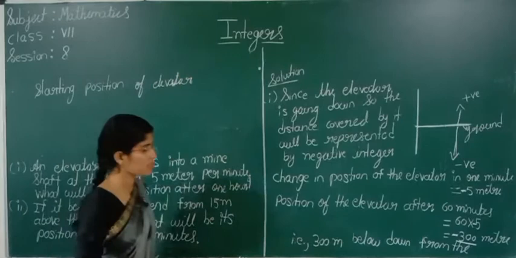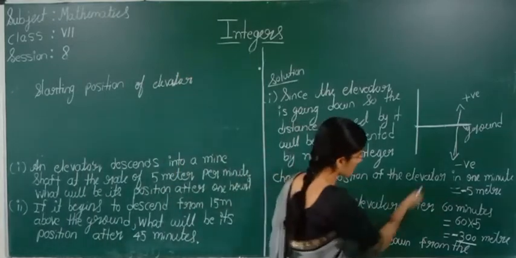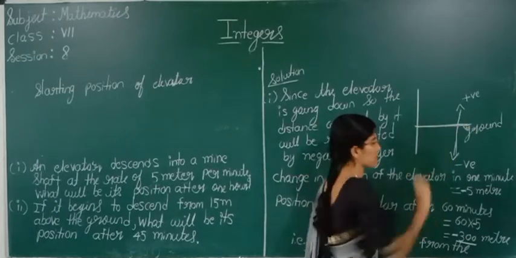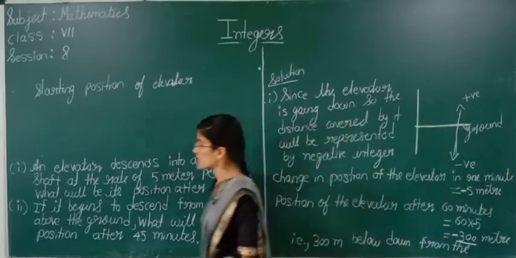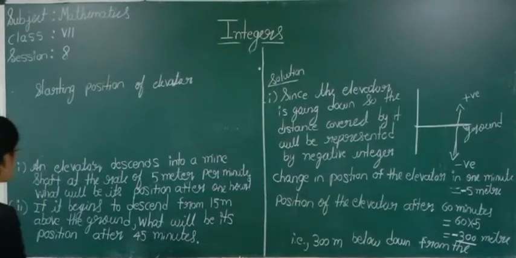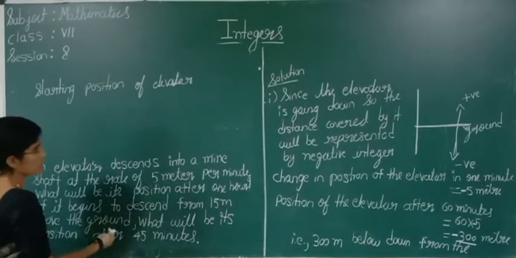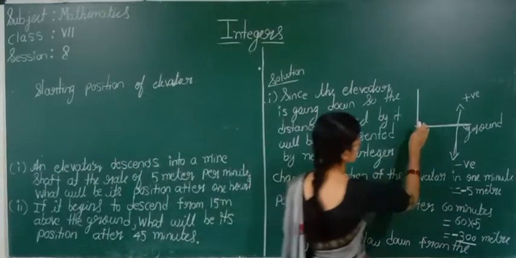What is the minus representing here? 300 meters below down from the starting position of the elevator. Okay, now see the second question. If it began to descend from 15 meters above the ground, see, above the ground is here.